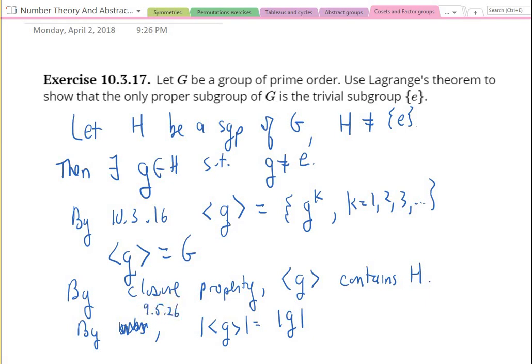Okay. So where are you going from there? Or equals what?